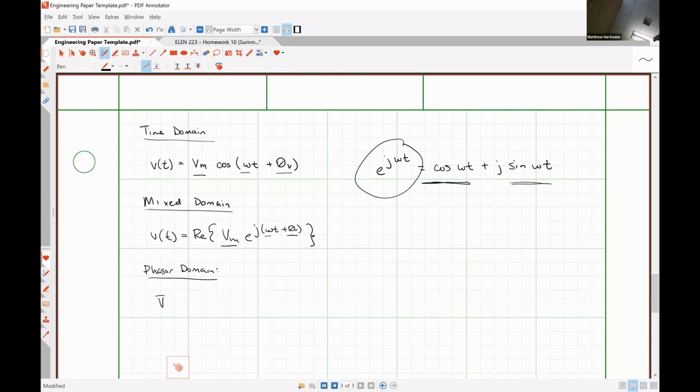All we are doing is dividing our mixed domain signals by a factor of e to the j omega t, and it leaves us with just our magnitude and a phase angle. So these are all three different ways to represent the same signals, but these phasor domain relationships are going to wind up actually having the least amount of math. So it's going to be the easiest way to perform our circuit analysis.